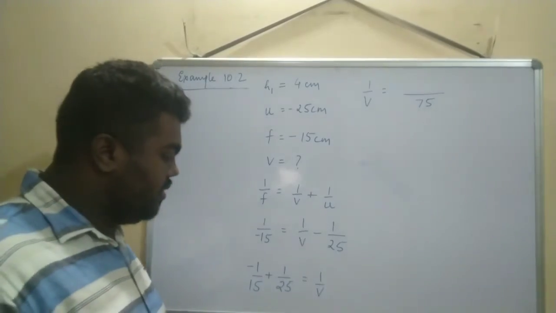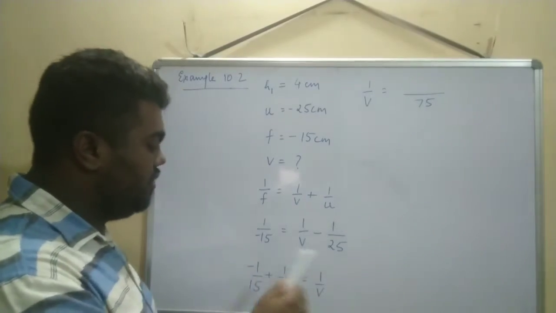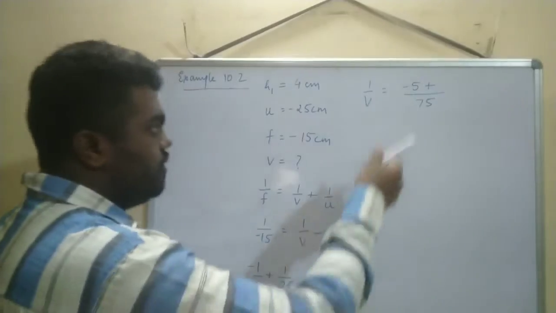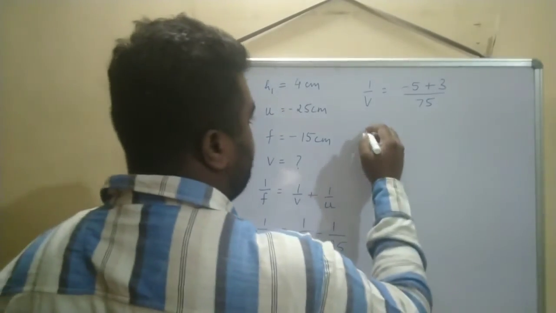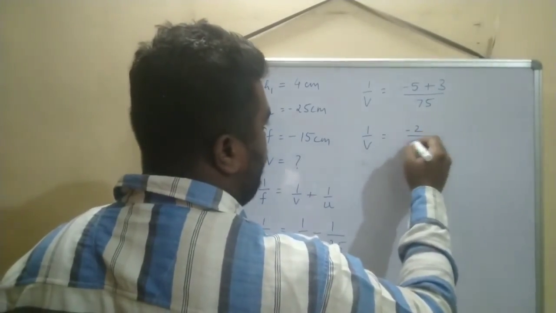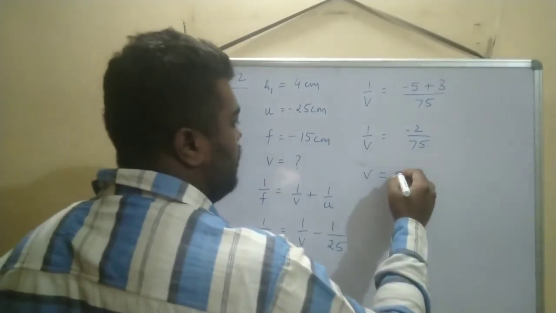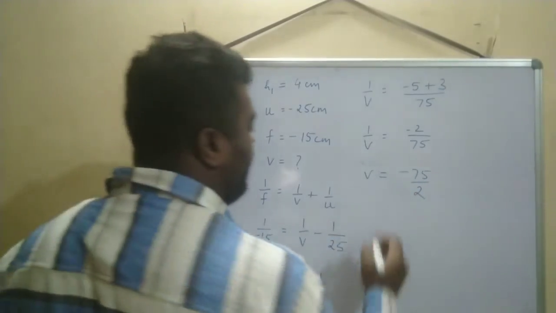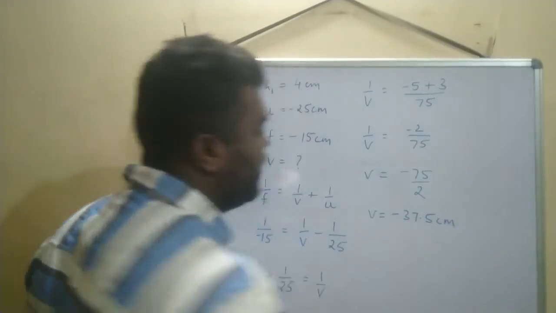Now 15 fives are 75 plus 25 threes are 75. On subtracting these two numbers, we get minus 2 by 75. We want the value of v, so we will take the reciprocal. Minus 75 by 2, that is minus 37.5 centimeter.